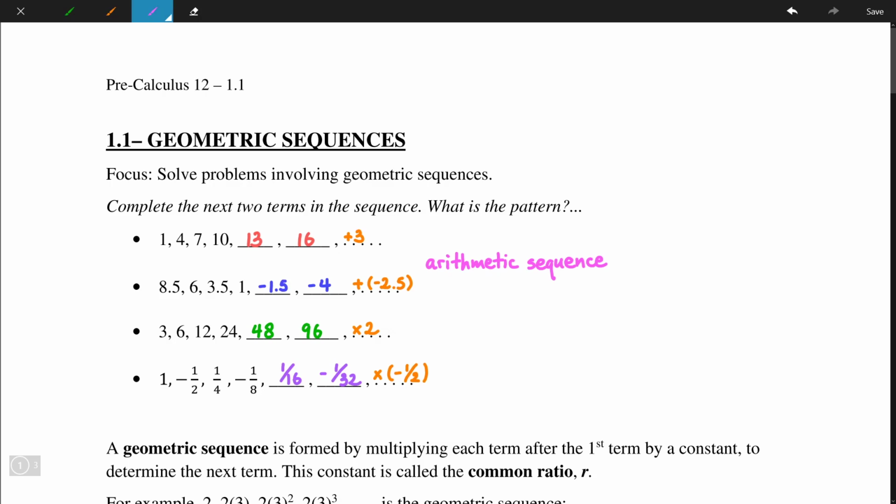And then the new sequences that we have in the third and fourth example here, those are geometric sequences, where instead of a common difference, we have something called a common ratio. And it's a number that we multiply each term by to get the next one.